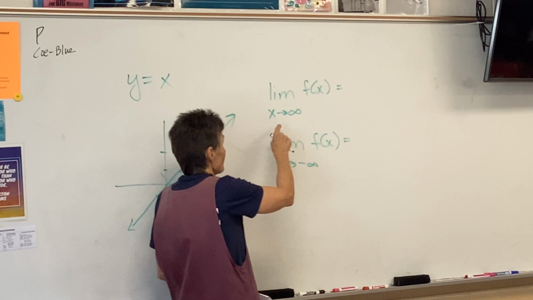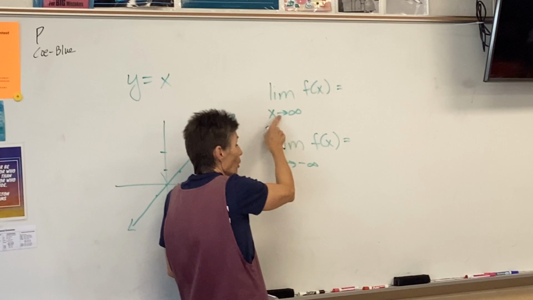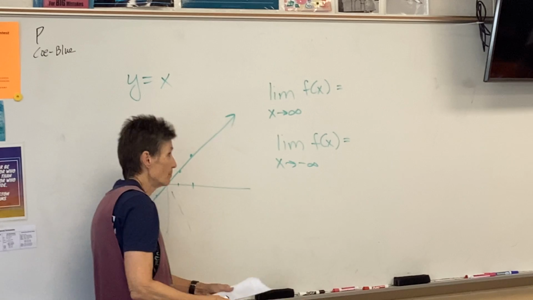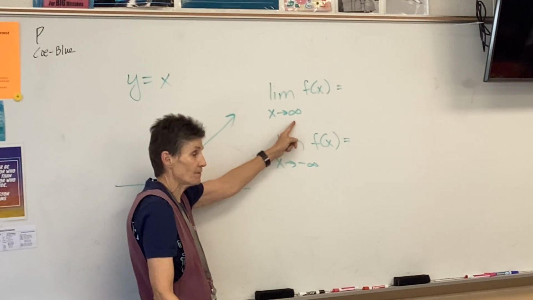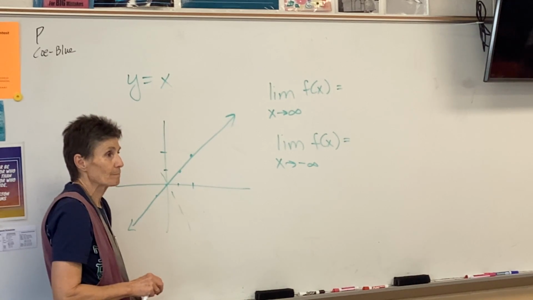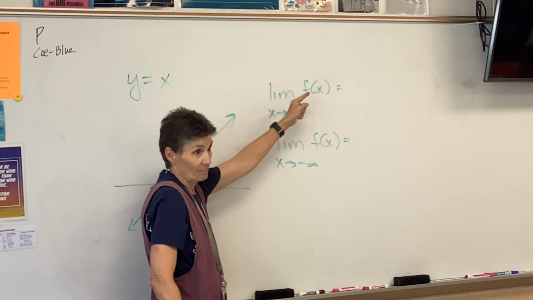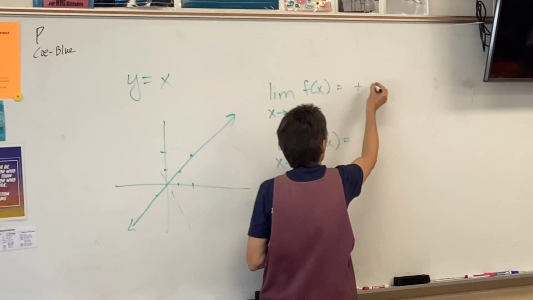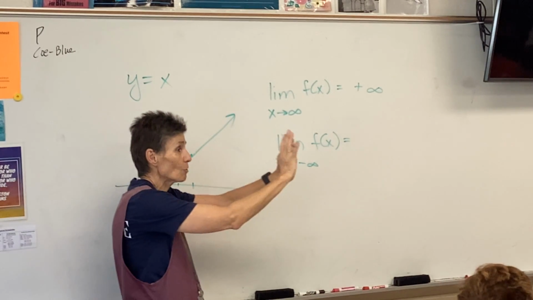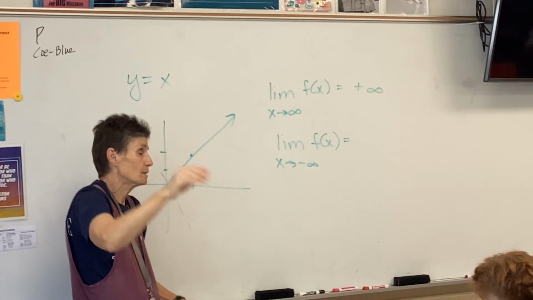And it says, what happens to my function as I go all the way to the right? X approaches infinity, all the way to the right. What happens to your picture? As you go to the right, what are you doing? Going up. Positive infinity. That tells me that as I continue drawing to the right, my pen just keeps getting higher and higher and higher.